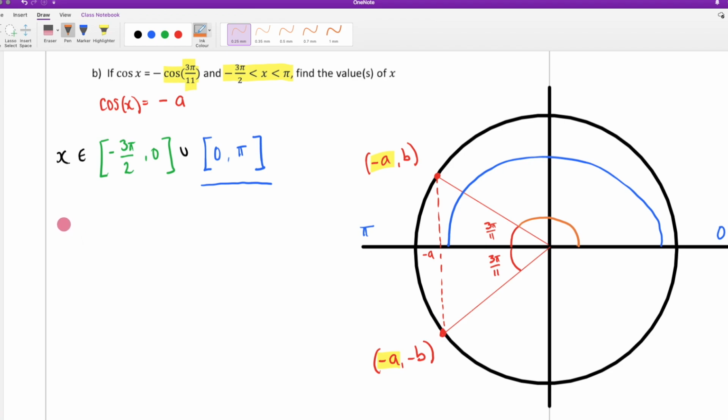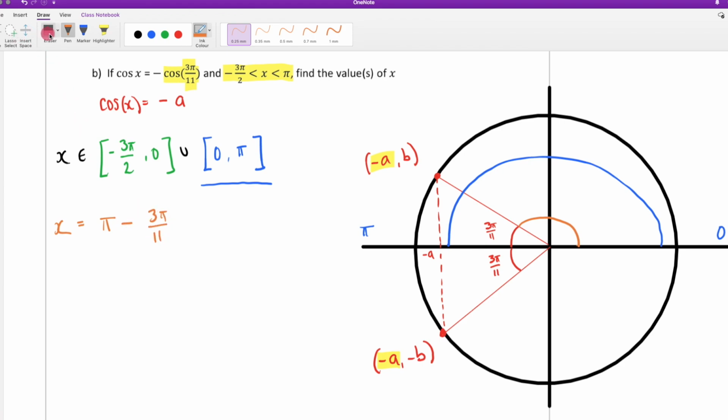Well, that means my x is going to be equal to, well, from there to there, that's pi, 180. But now I'm minusing this 3 pi on 11. I'm going back. So it's like I'm going pi minus 3 pi on 11.